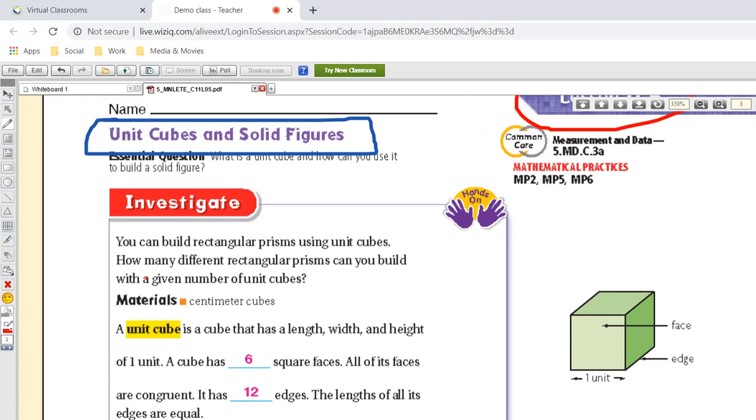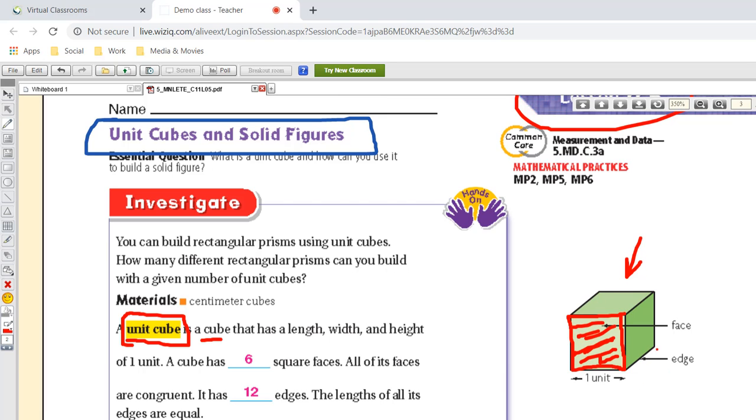Now we have here one unit cube like this. This is a face of the cube, one face of the cube.